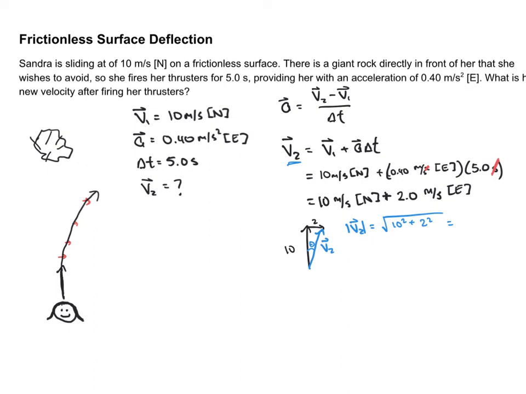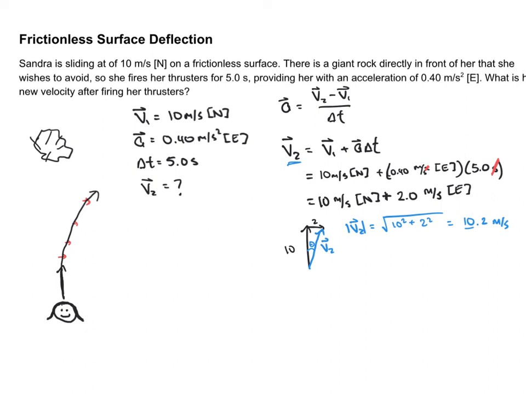So when I round it to 2 sig figs, it's just going to round to 10. However, that's not the important aspect.